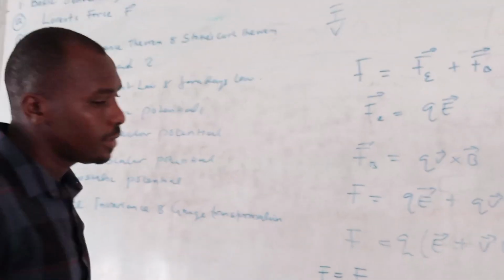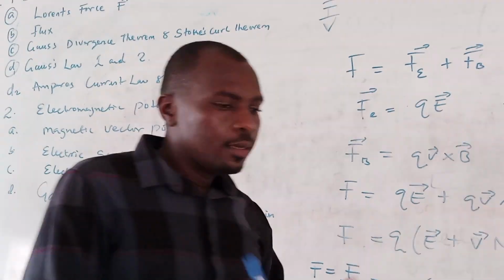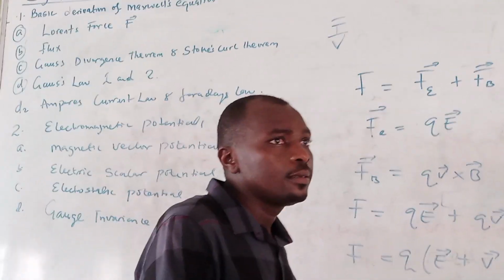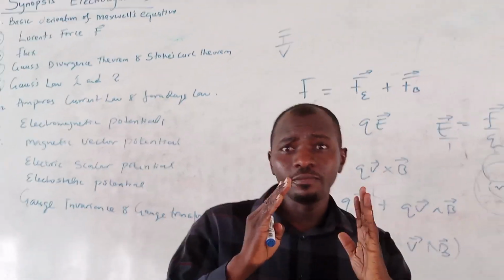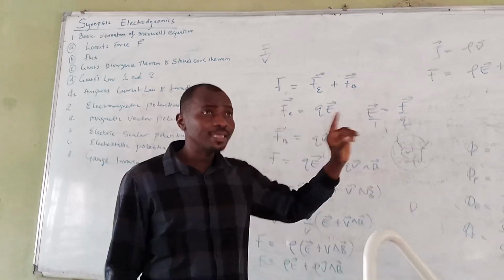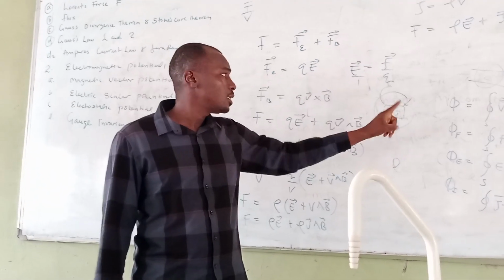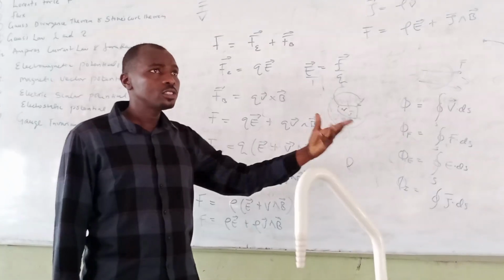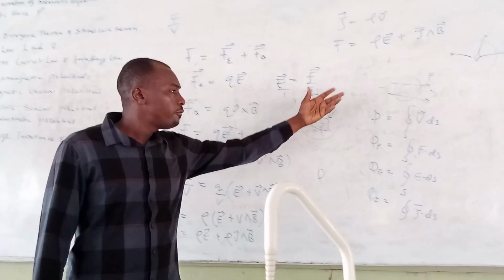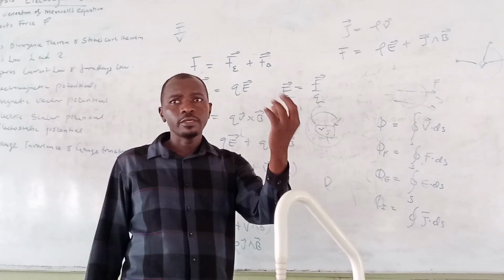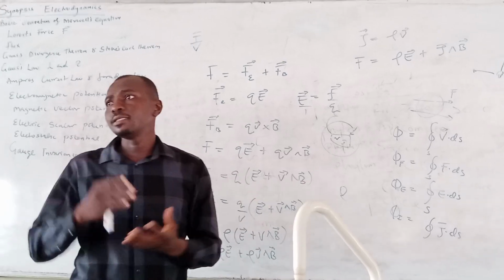Gauss's divergence theorem and Stokes' theorem. See what Gauss did. Gauss provided an alternative method of finding the integral over a volume instead of a surface, because your fields are not only passing through a surface. You have 3D: x, y, z.